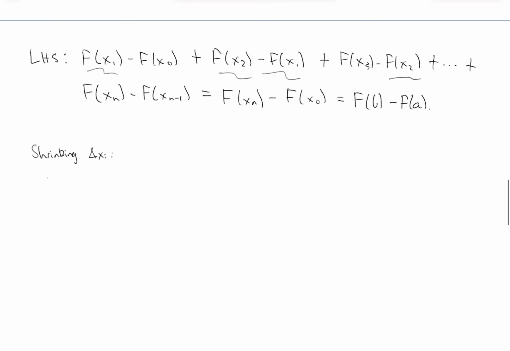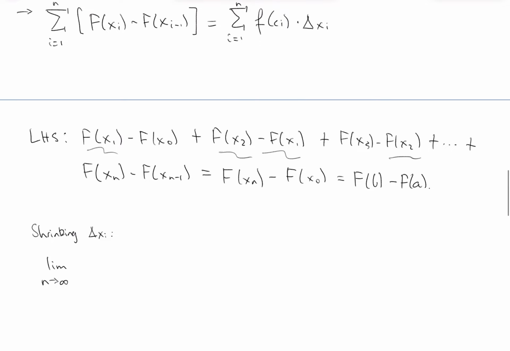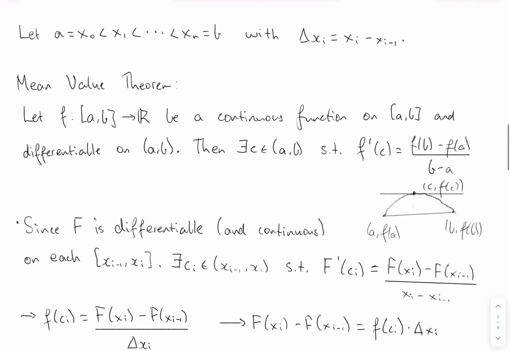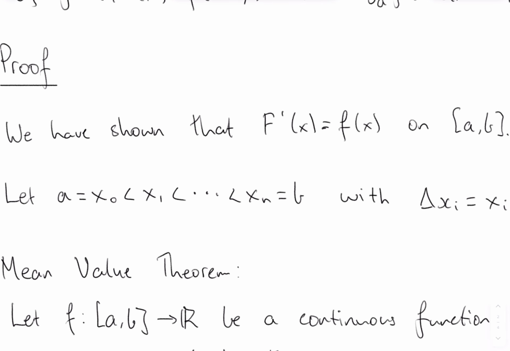Well, the limit as, so if we're shrinking xi, what we're doing is we're taking n to go to infinity, because n was the number of intervals we're making, so the number of points.